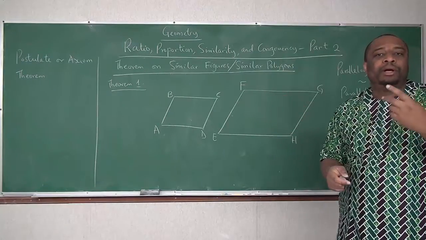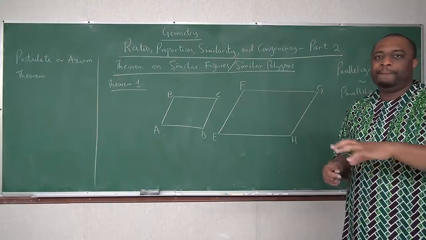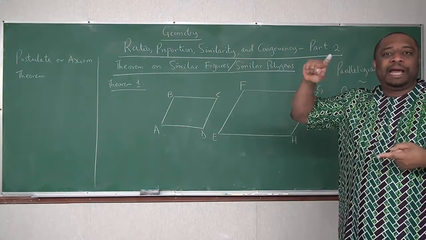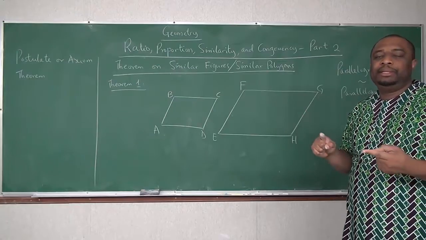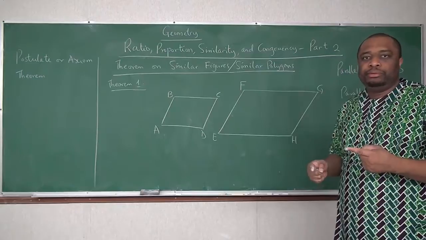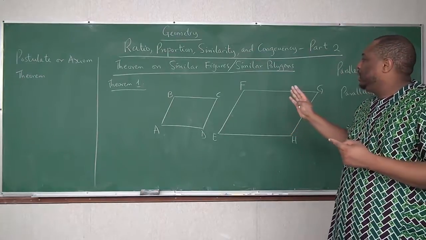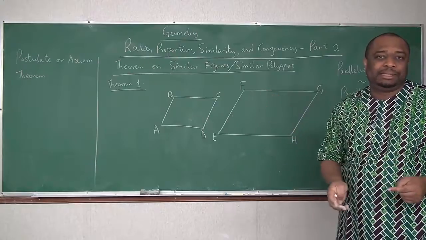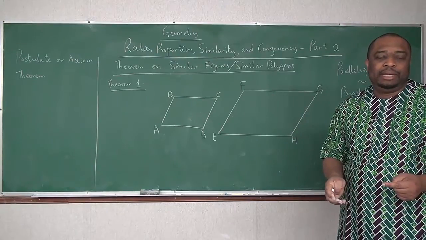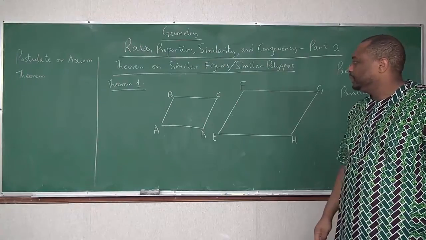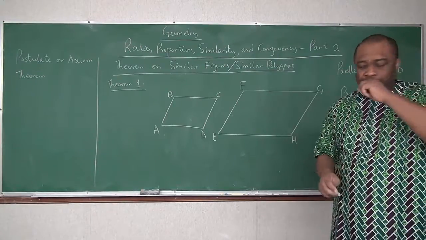If two polygons are similar, then the ratio of their perimeters is proportional to the ratio of their corresponding sides.